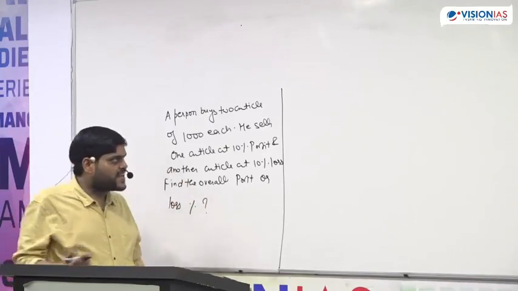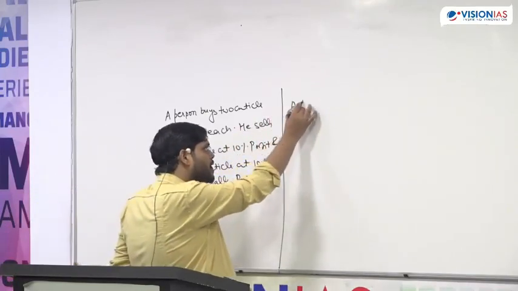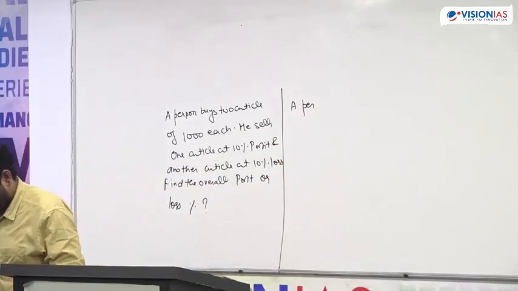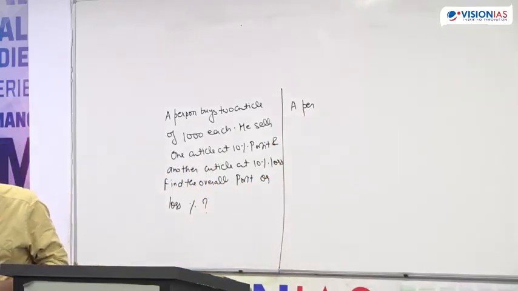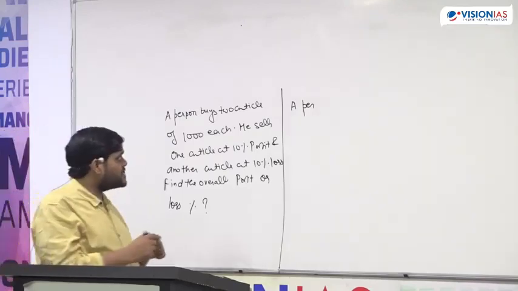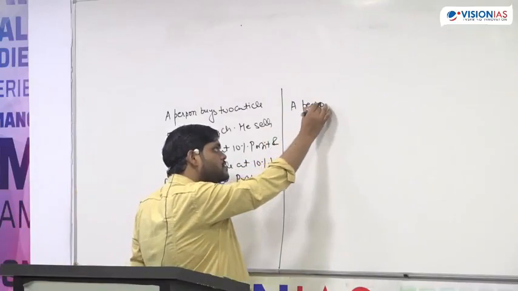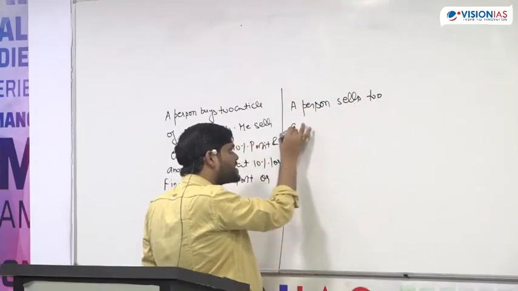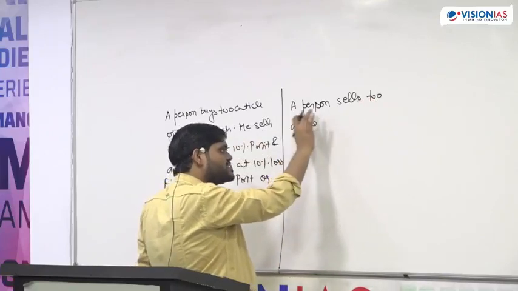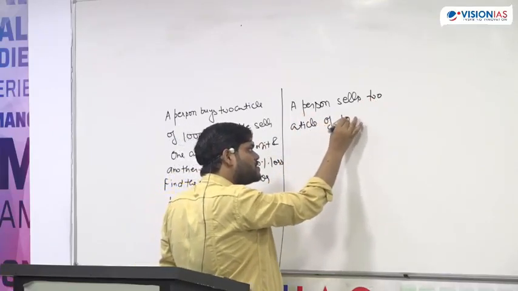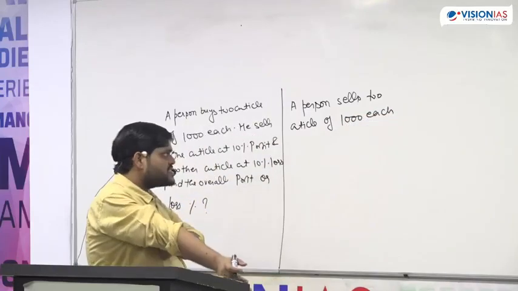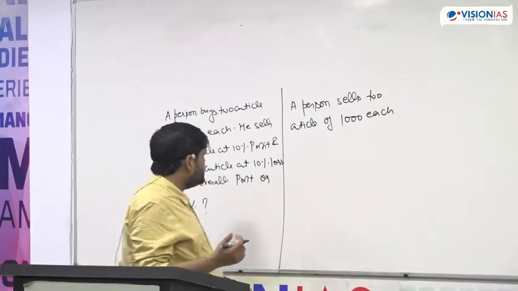Fine. Now on the second side you can write: a person sells 2 articles of 1,000 each.